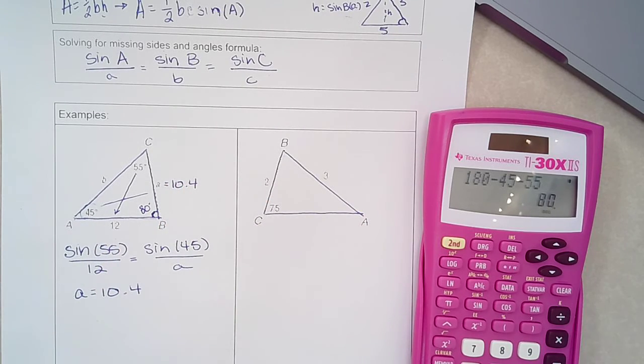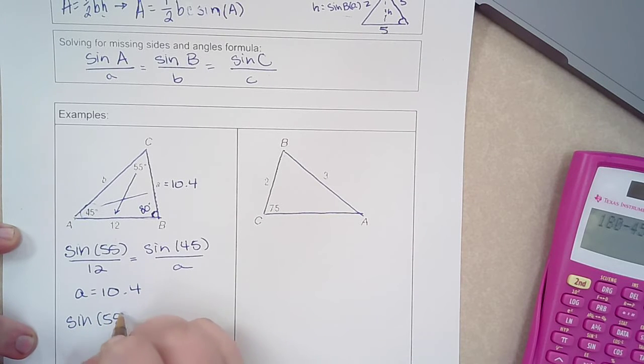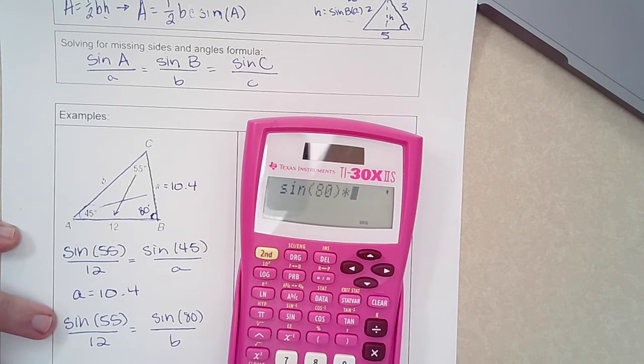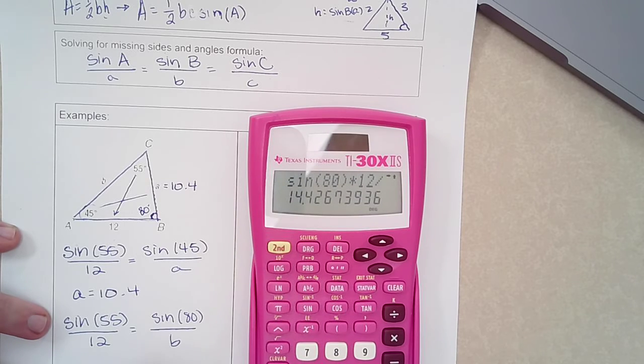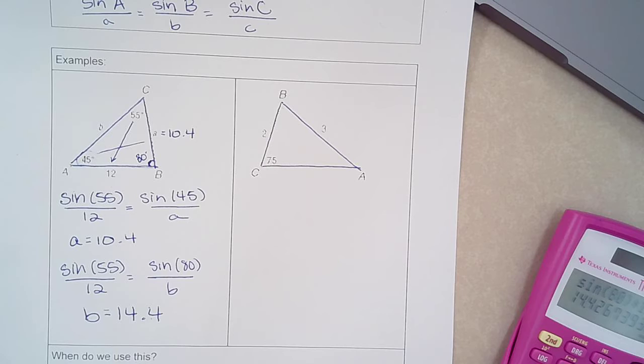So now I can say sine of 55, I always come back to that piece I know is true, equals sine of 80 over B. Again, I do sine 80 times 12 divided by sine 55. This is just a little shortcut. If you cross multiply, you'll find the exact same answer. And we find that B is equal to 14.4. No labels needed because no labels were given.